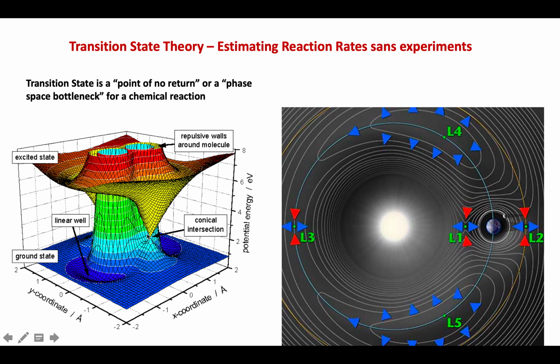Okay, so we'll revisit what those coordinates are for our simple system of HCN, but that's the transition state structure. The transition state itself, you can think of it as something basically like a point of no return for the chemical reaction. And it's also sometimes called a phase space bottleneck for a chemical reaction.